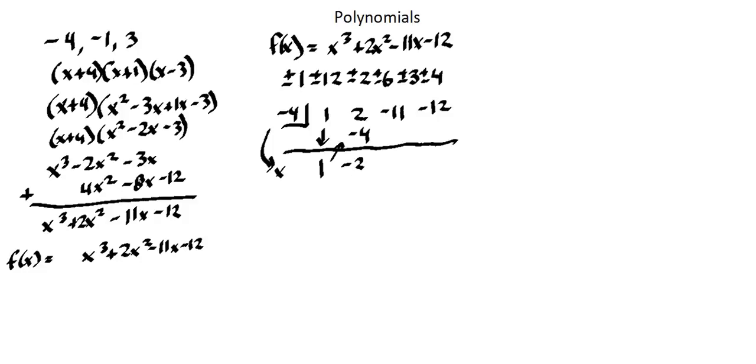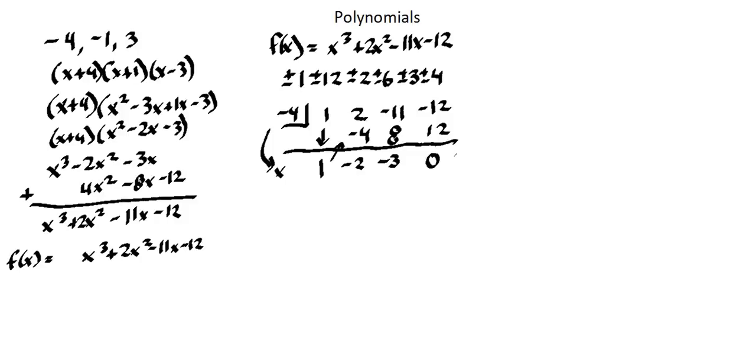And again, I'm going to multiply the zero I'm evaluating, negative 4, times negative 2. That's going to give me a value of positive 8, and I place that under the negative 11. Again, performing addition, negative 11 plus 8 is negative 3. And another multiplication: negative 4 times negative 3 is positive 12. And negative 12 plus 12 equals 0.